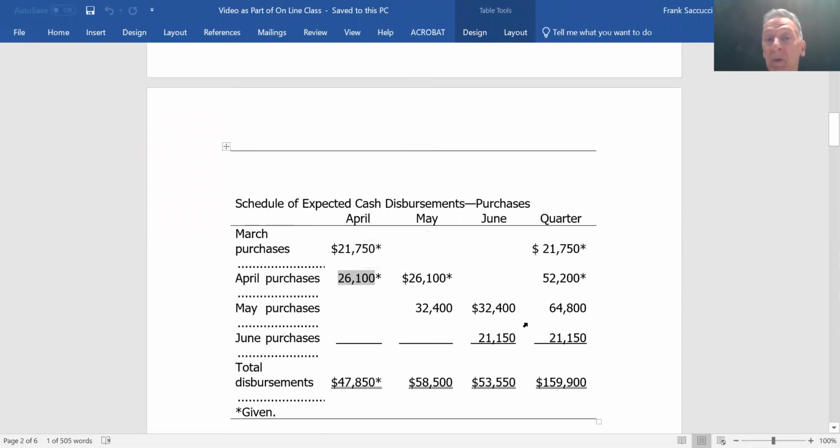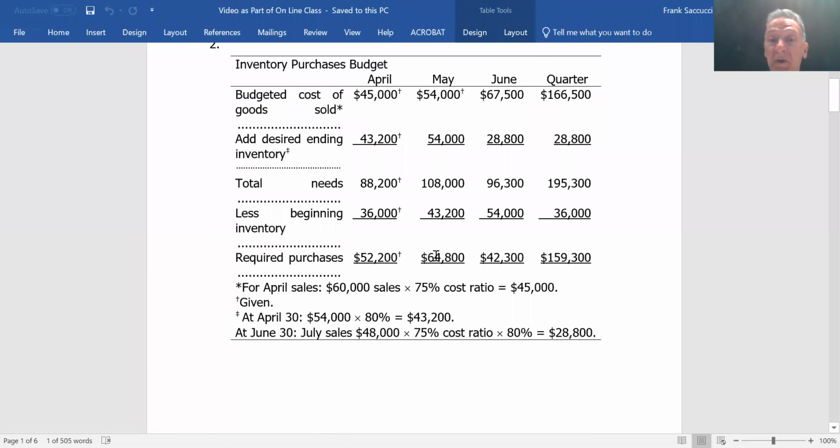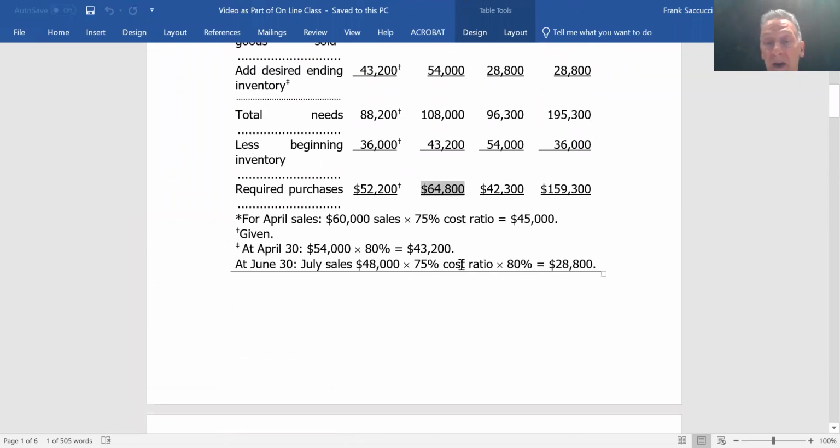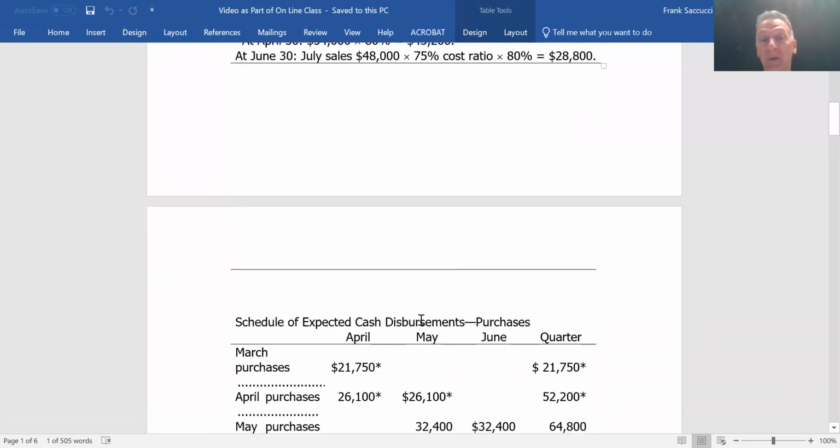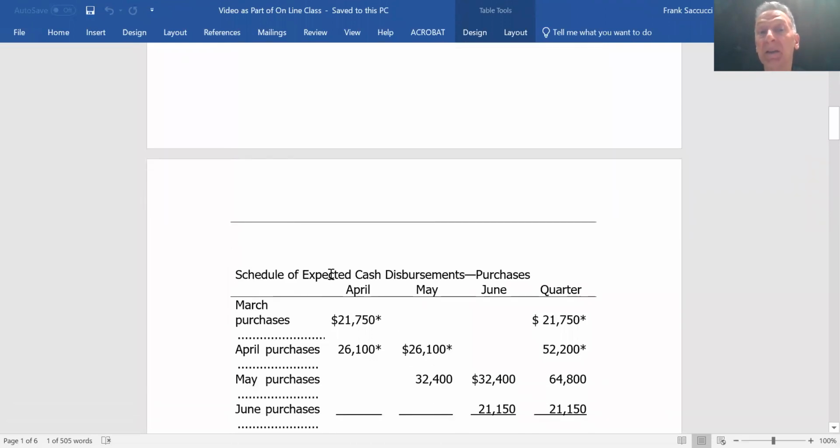Half will be paid in April, the other half in May. And if we see that our purchases are 64.8, we can conclude when we build the schedule of expected cash disbursement for purchases that 32.4 of that will be paid in May, and the other 32.4 will be paid in the following month.